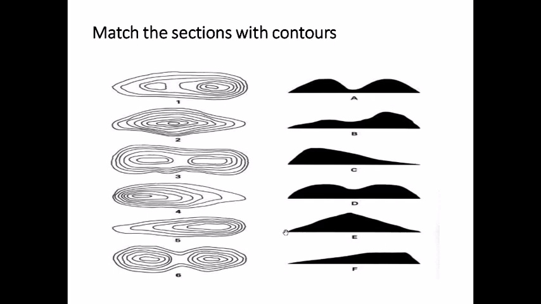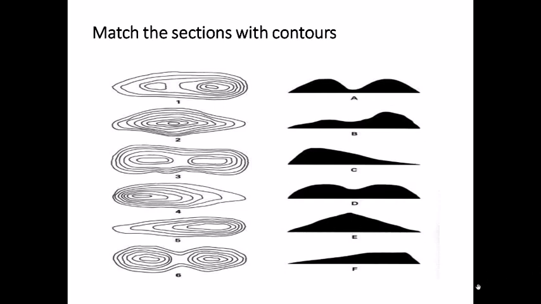Let's start with E. E has a relatively similar slope on both sides, and at the center we have the peak, so the respective contour map should have a circle in the center and relatively similar spacing between the contour lines on the left side and the right side. So this second contour map basically reflects this section E.